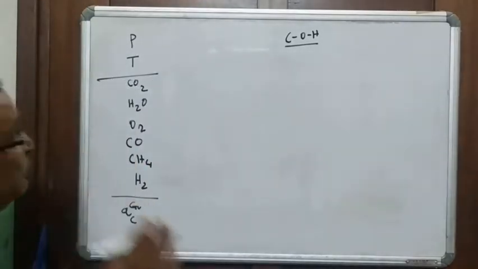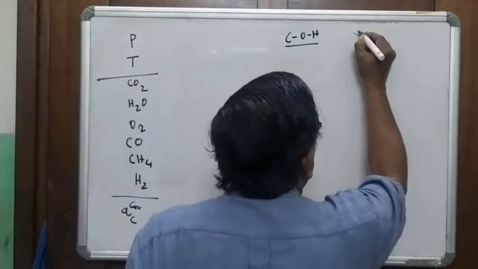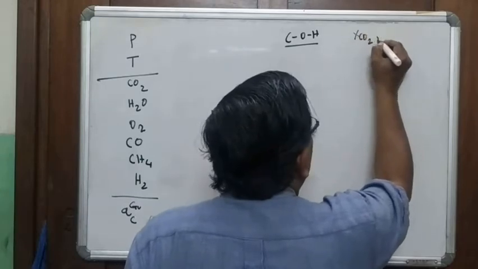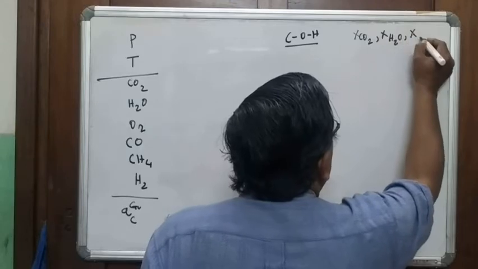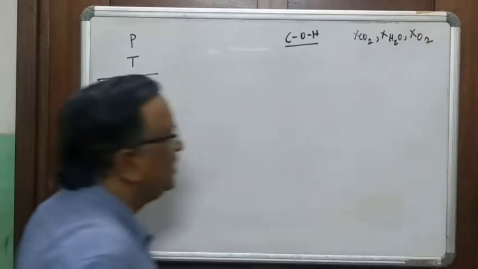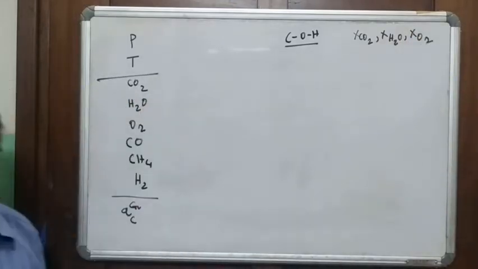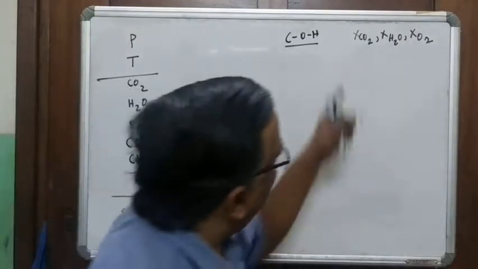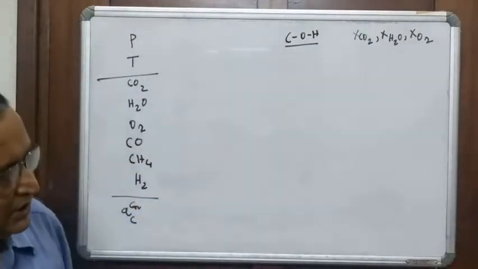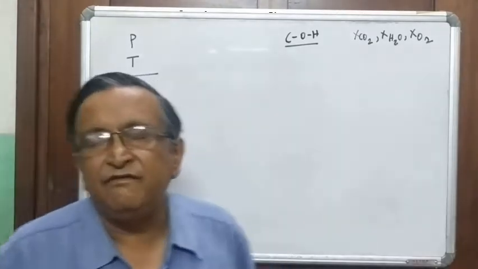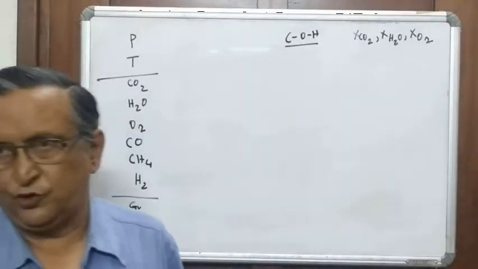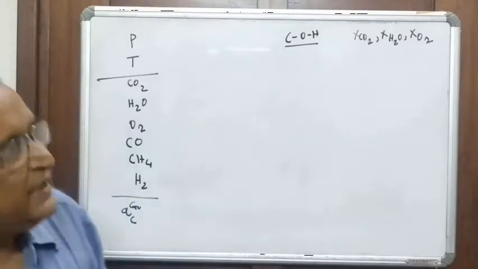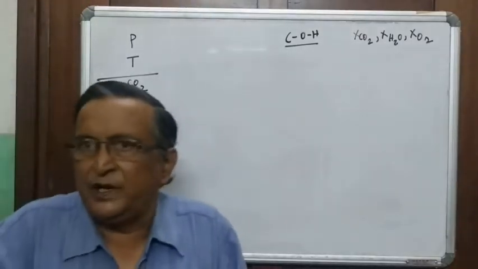So normally what you can find out is XCO2, XH2O, and XO2. These are the three mole fractions of fluid component that you can commonly find out. So we are limited in doing our things.